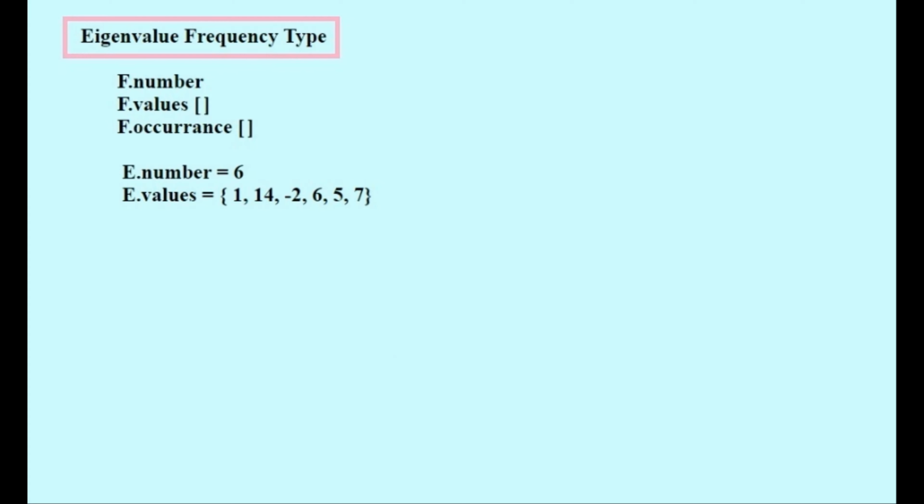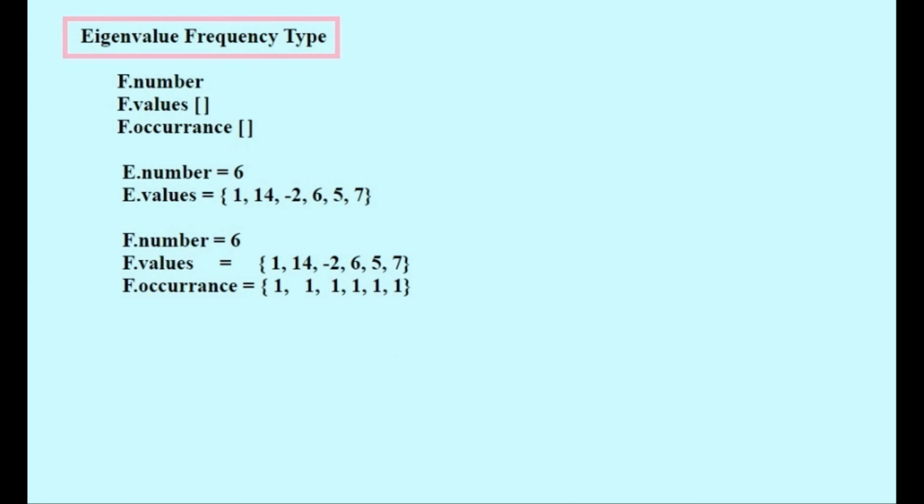So here's an example of the first type of storage containing the number of eigenvalues and a list of them. And here's how they'd be stored in a frequency type. Notice that because all of the eigenvalues are different, they all occur only once.